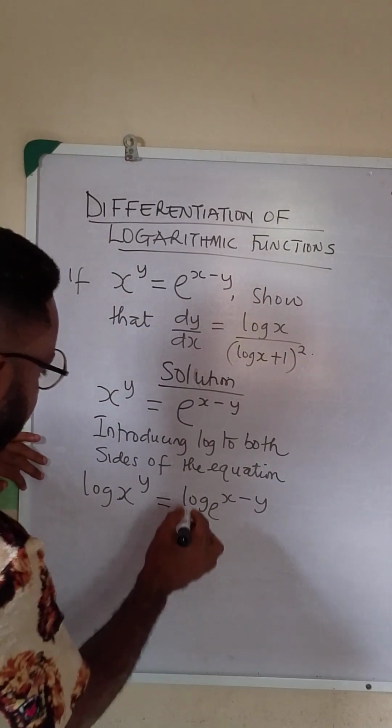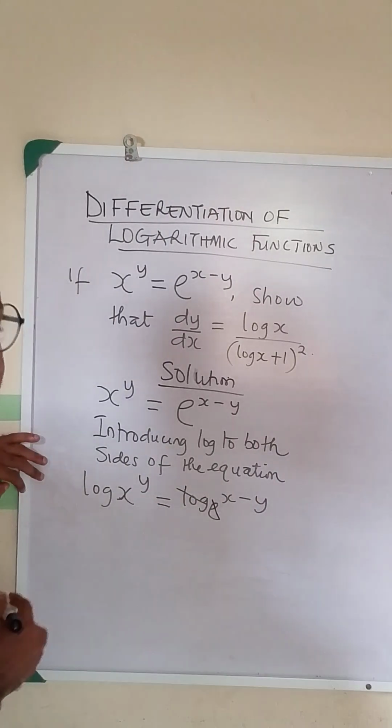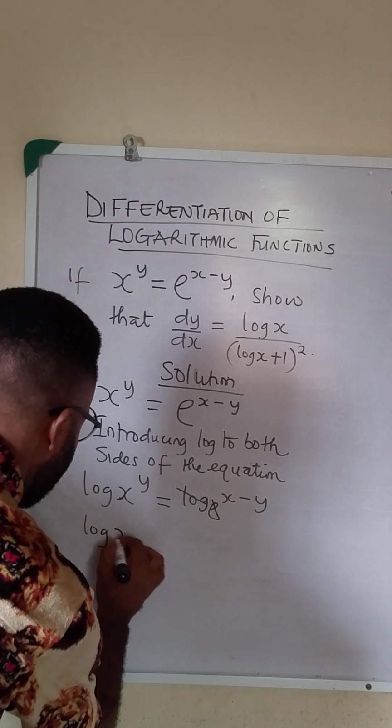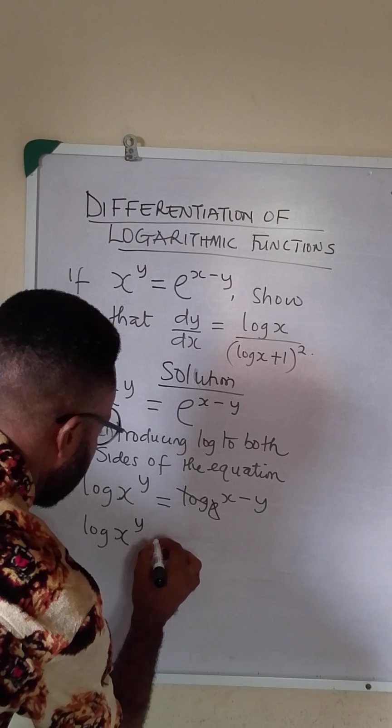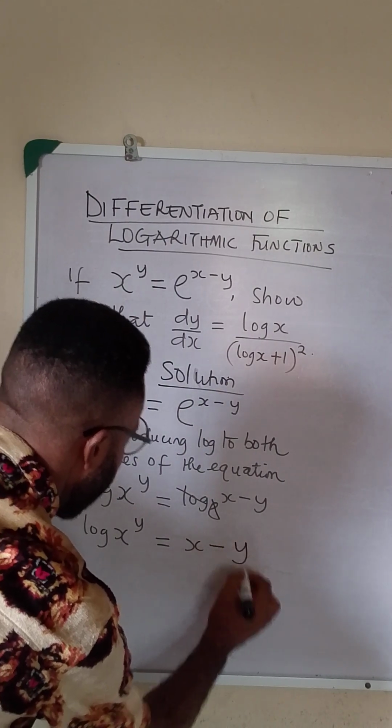At this point we know that log will cancel exponent, and so we are left with log x raised to power y equal to x minus y.